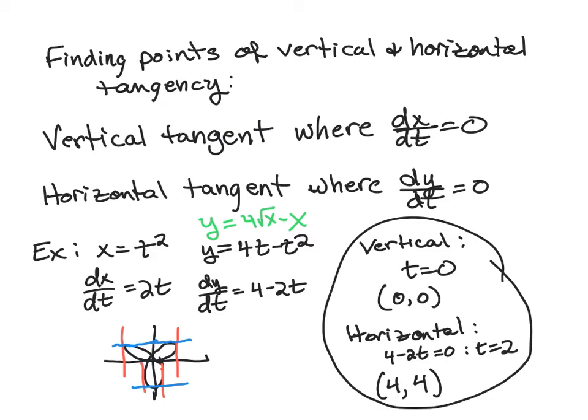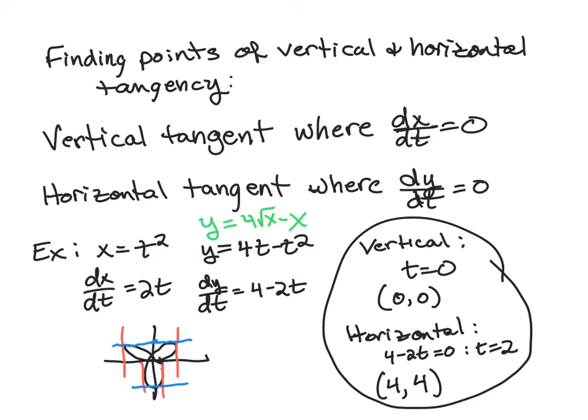Horizontal tangents are where dy/dt equals 0. So we set this equal to 0 and we get t equals 2. Plug that in for the x and the y. Here's 2 squared and here's 4 times 2 minus 2 squared equals 4. So we have those points.